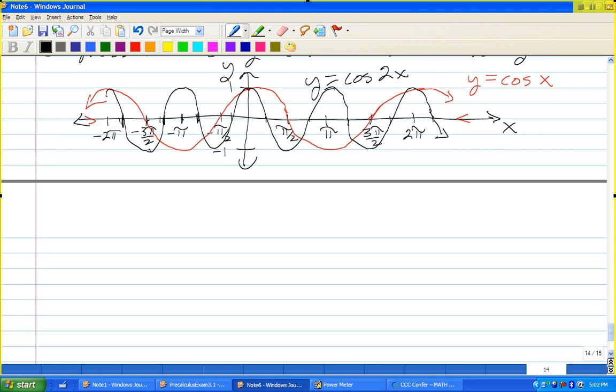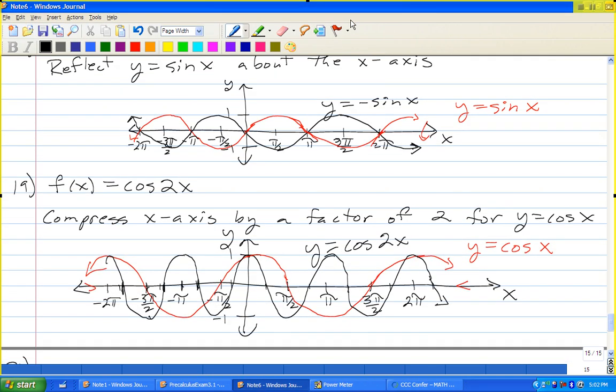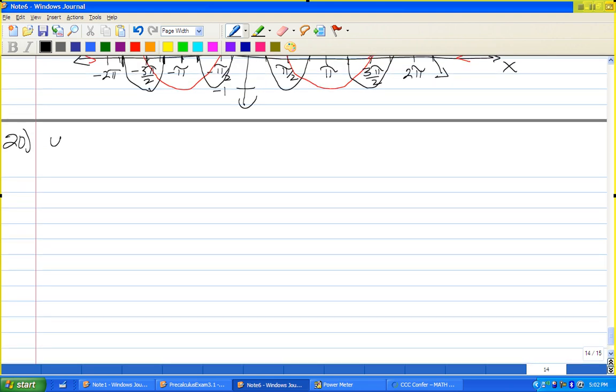20. Sketch a graph of f of x, y equals, no, it said here y equals tangent 3x.